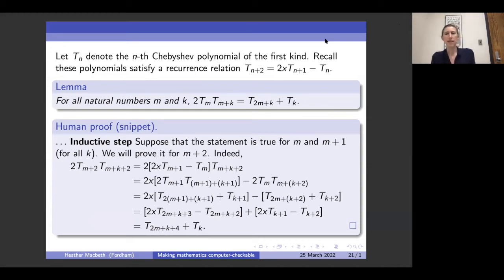And the point I want to make here is that this is designed to be read by a human being. Even though in some sense this is just a computation, it is written in a way that is designed to be followable and checkable by a human being. Probably if you wanted to, you could, as I'm about to do, express it in a way that you could type into MATLAB, but we haven't done that.